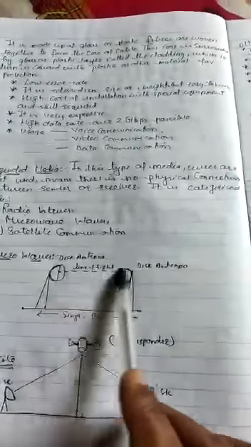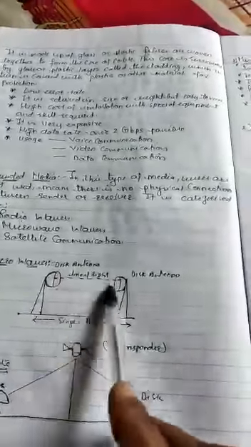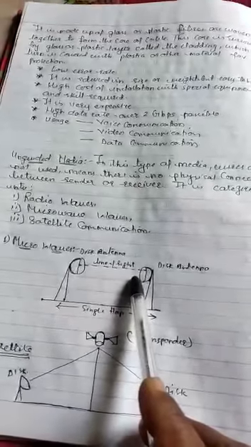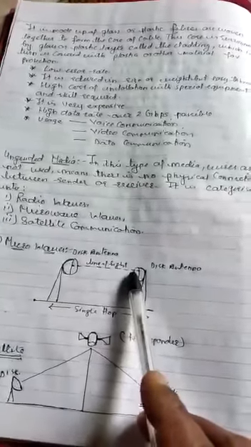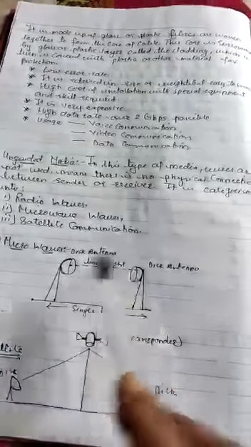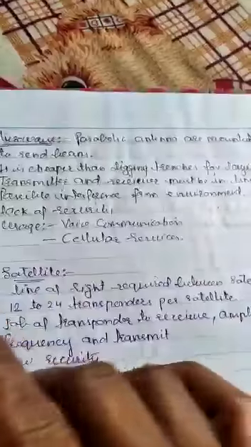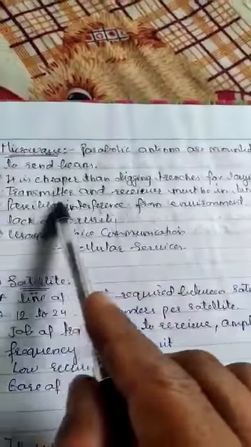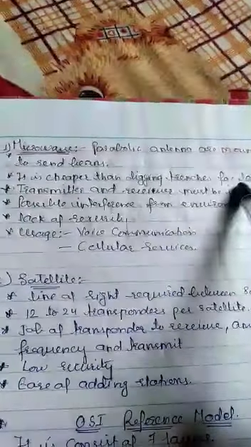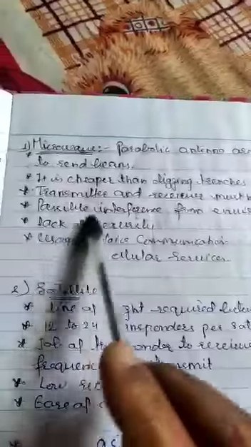So in this type of communication, there are antennas, and with their help communication takes place. So it is unguided media. Whereas if it is not there, digging trenches is required, where we dig and then pass the cable through it. That is more costly.